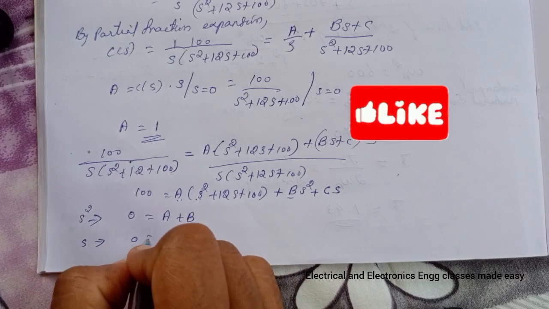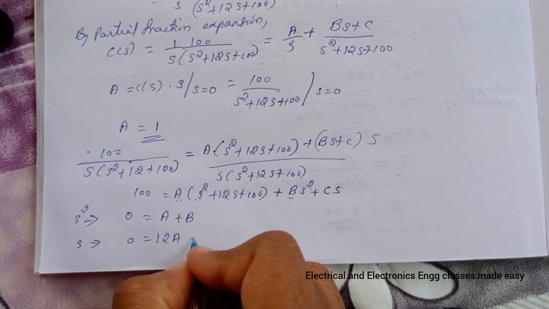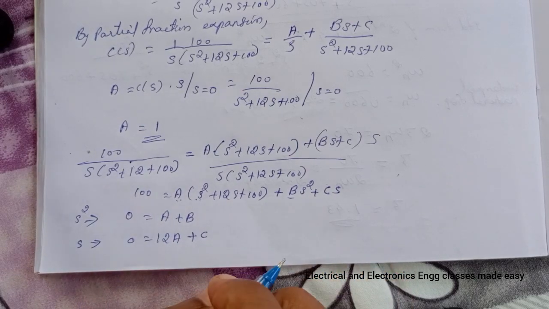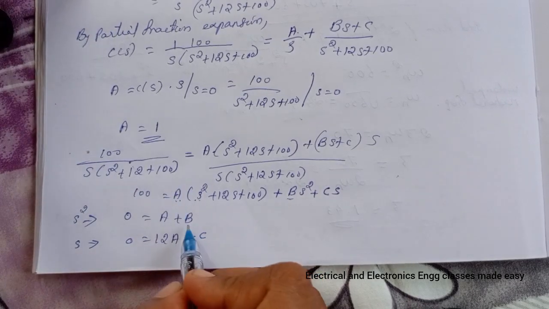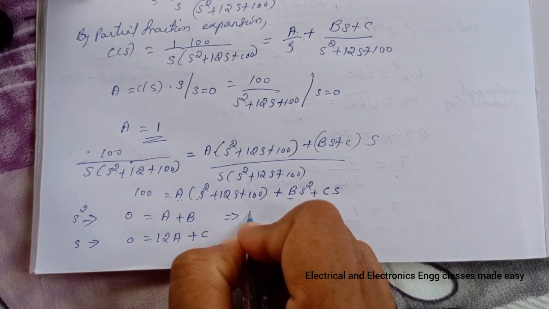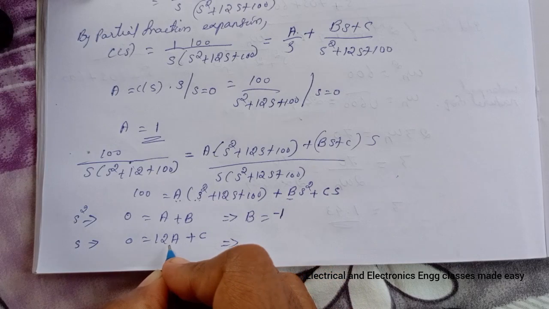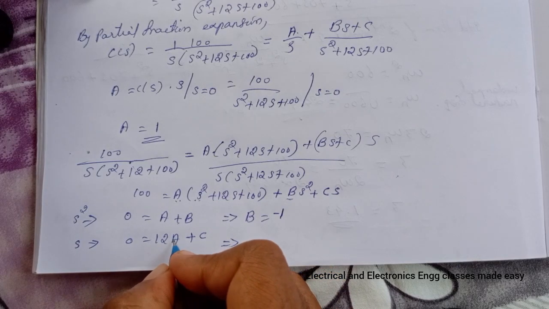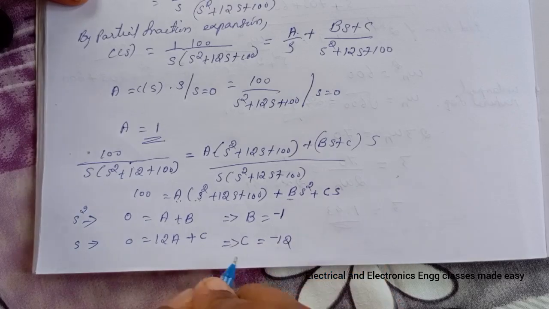Here 0 equals 12A plus C. We have the value of A equal to 1, so we get B equal to minus 1, and on substituting the value of A equal to 1, we get C equal to minus 12.